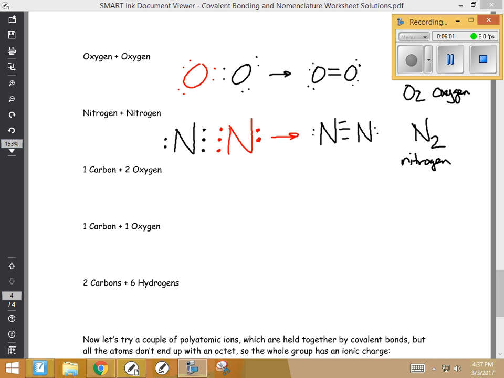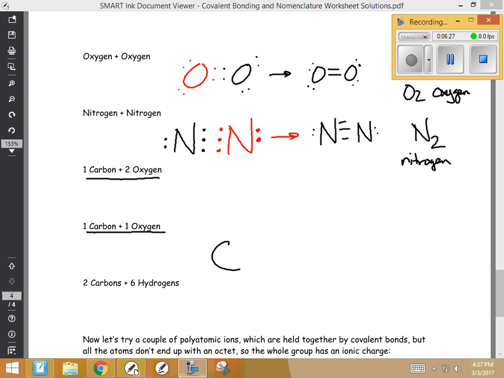Stopped because I wanted to actually do this one right here. Carbon plus 2 oxygens. Here we go. Carbon in the center. Carbon has 4 valence electrons. Hang on a second. The one I wanted to do was right here. Carbon, 1 oxygen, carbon monoxide.